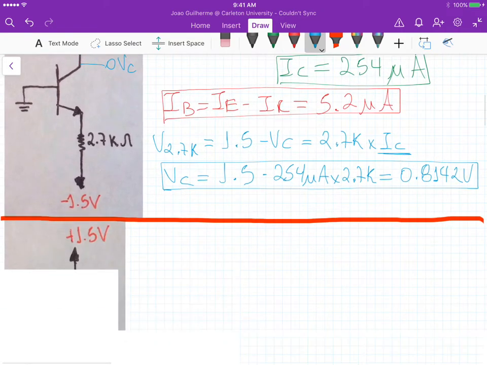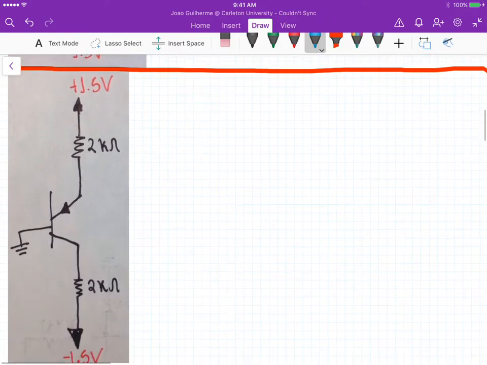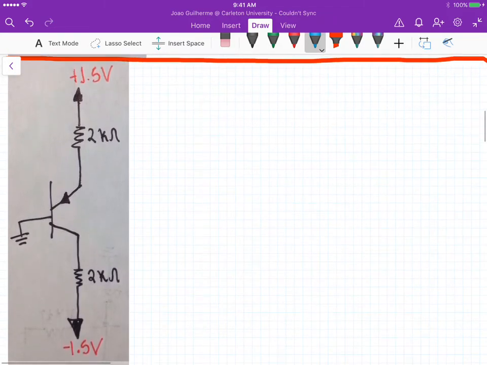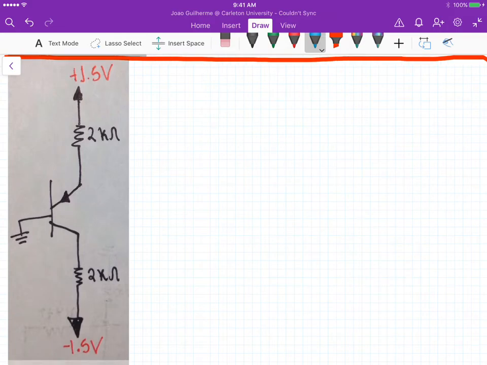Now if we go to the next circuit, we have a similar topology, but now the values of the resistors have changed. And if you look at the BJT, it's not an NPN BJT anymore, it's a PNP BJT. And for a PNP, we know that we have VEB equal to 0.8 volts.